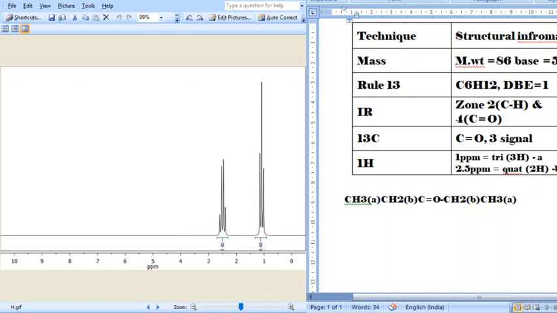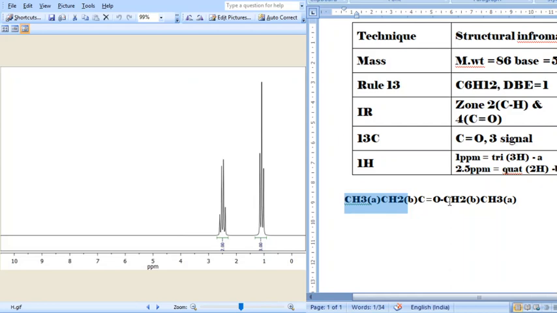If you want to increase it, there are only 2 signals, and we have to just multiply that, and there is a carbonyl group. That is the reason why I have just duplicated this on the other side, because of the NMR. Why did I duplicate the CH3 group, CH2 group on the other side of the carbonyl?